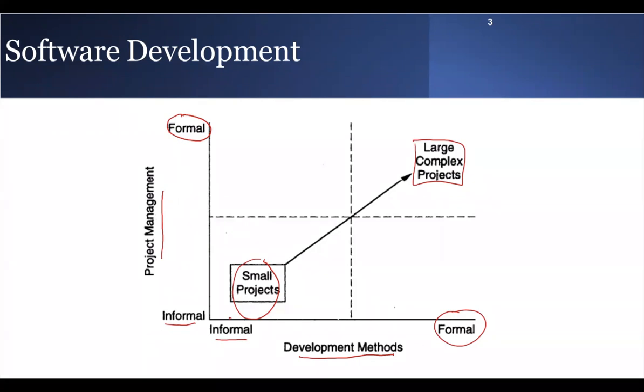If you work on large complex projects, both the development and the management should be done in formal methods. We should stick to the typical standard, structured, systematic way of development and management. But if you're working on small scale projects, this is not necessary.